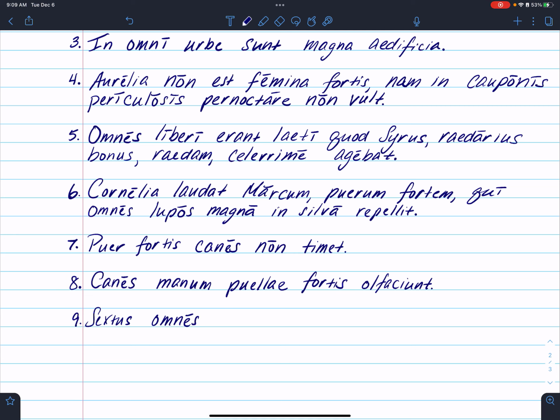Wait, what's the last word on number 8? Olfaciunt. Has to do with your olfactory senses. What? Olfactory senses. I'm showing you, pointing to my nose. I'm too busy copying down. I am 3 sentences behind you. It's really hard. What, writing Latin?